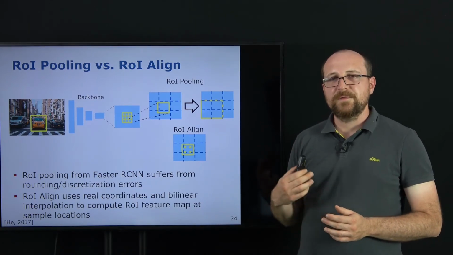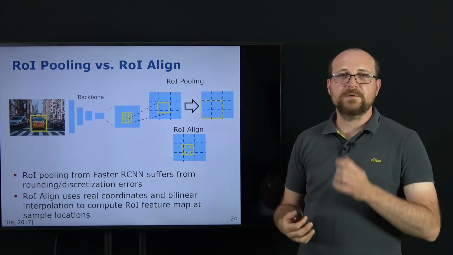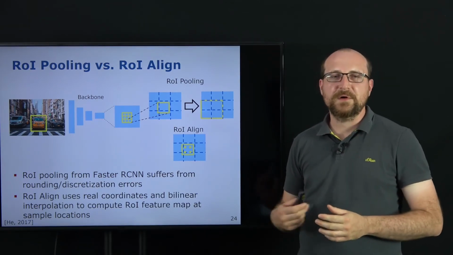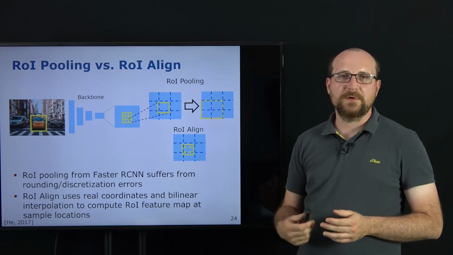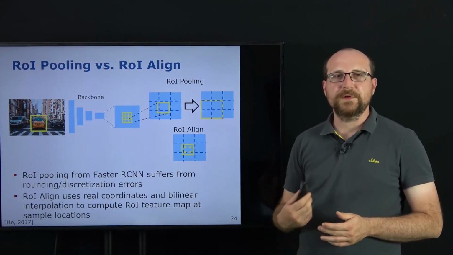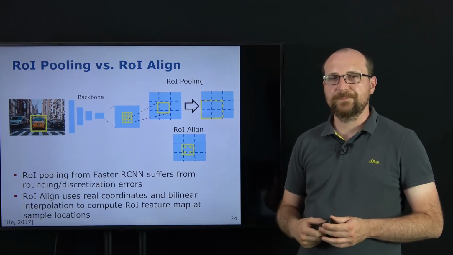And with this, we again can get very good instance segmentation masks. So Mask R-CNN is basically one of the main workhorses that are used for instance segmentation.